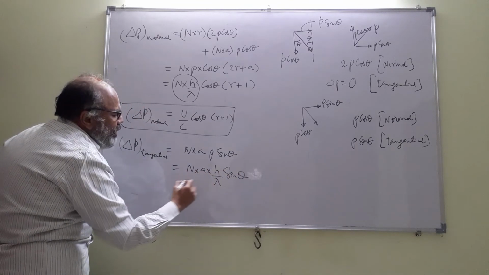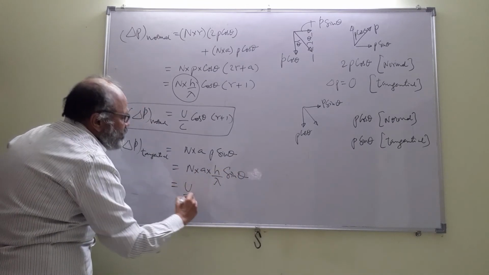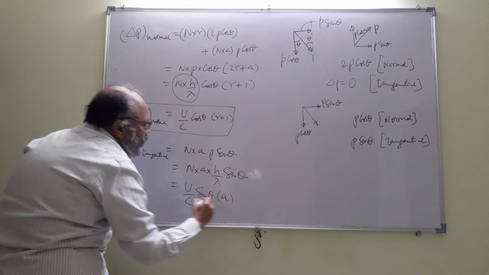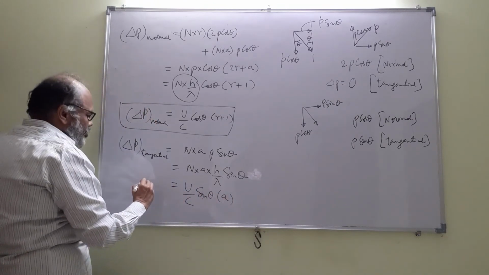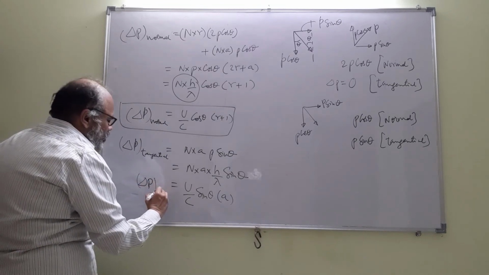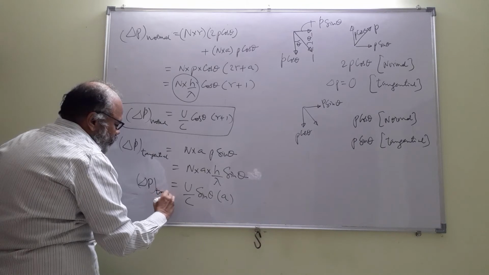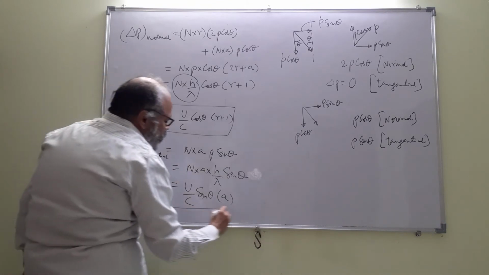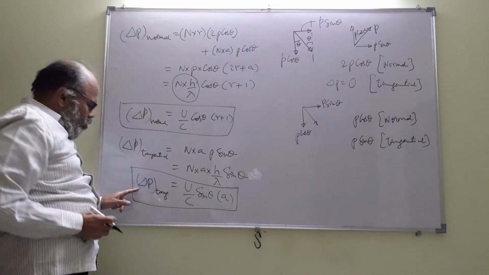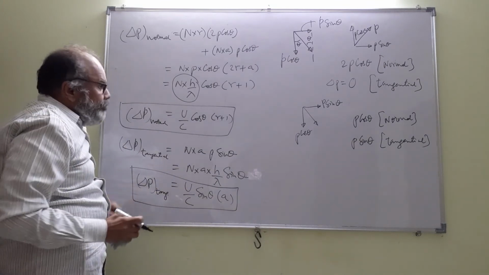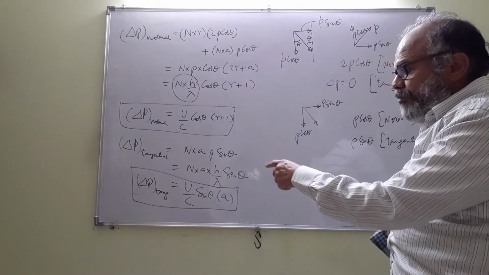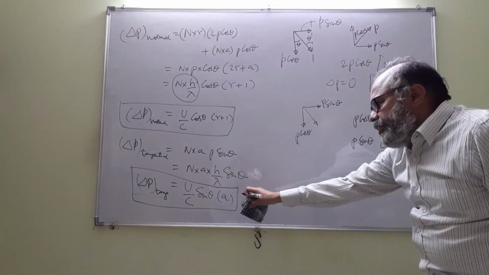And nh by lambda is u by c. So you will have u by c into sin theta into A. That will be the change in momentum in the tangential direction. If there is no absorption, that is if A is 0, there will be no force in the tangential direction.